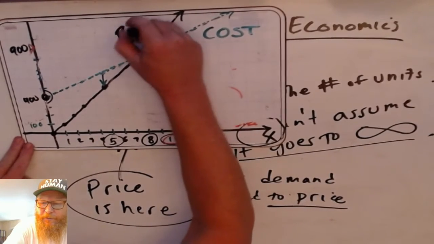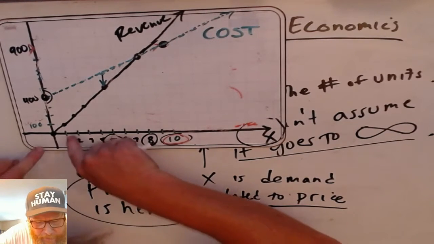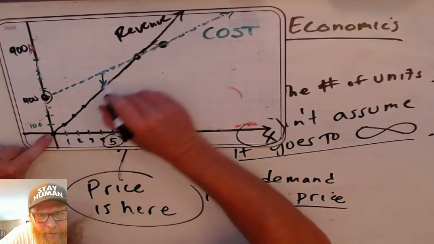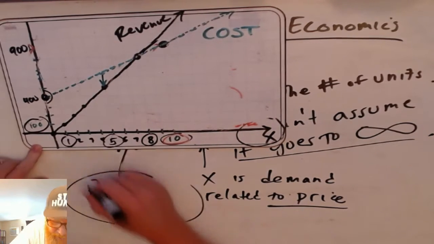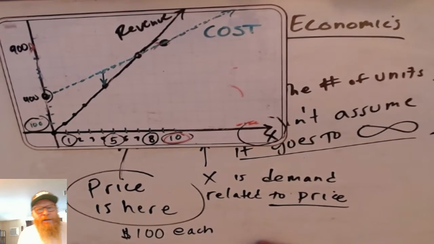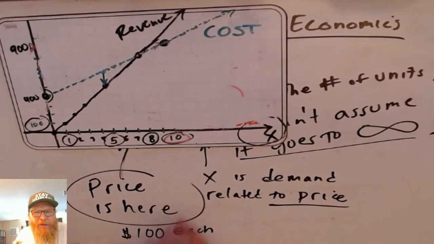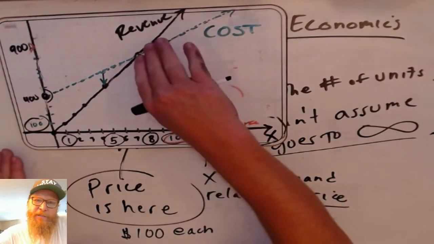Okay, and then this is your revenue. Can you see the price in there? Look really hard. Look at the revenue. The price of the bike was $100 each. I was selling the bikes for $100 each, but I don't really have a variable for the price.